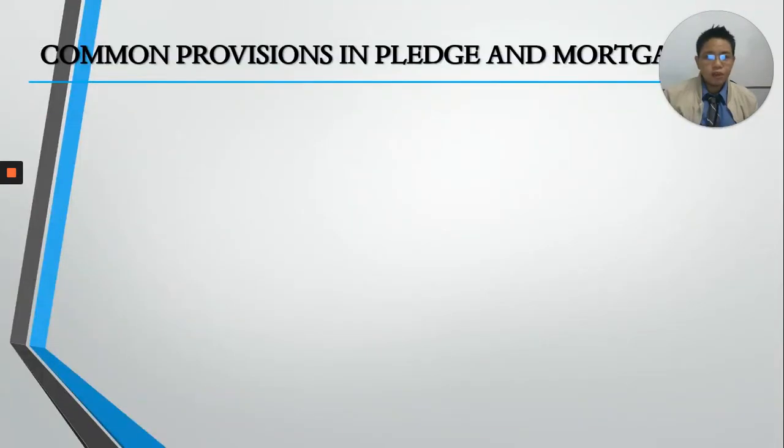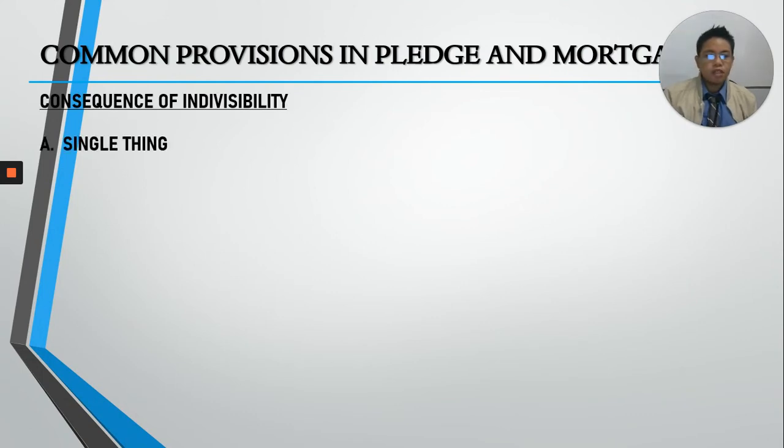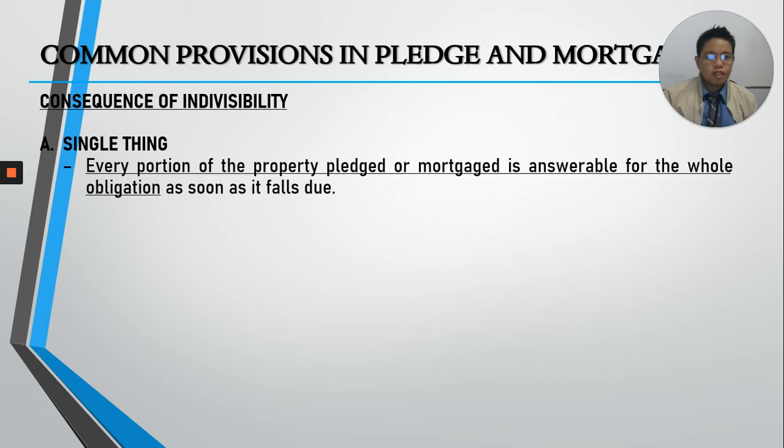The consequences of indivisibility. So take note, if pledge is a single thing, it is answerable for the whole obligation as soon as it falls due. So if there's an obligation, isa lang ang bagay na sinangla mo to secure the entire obligation. Remember, all portions of that property.